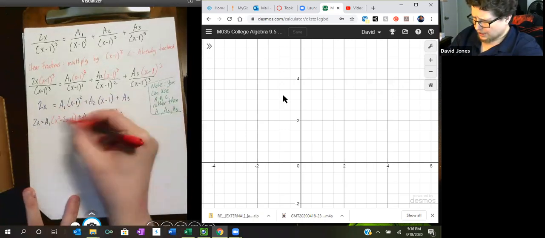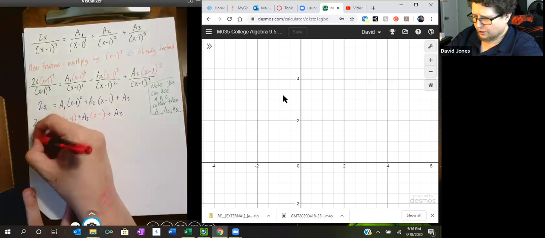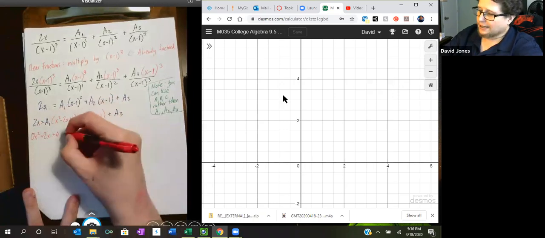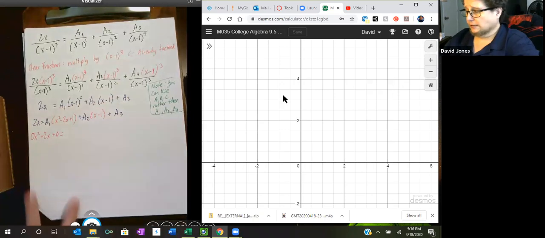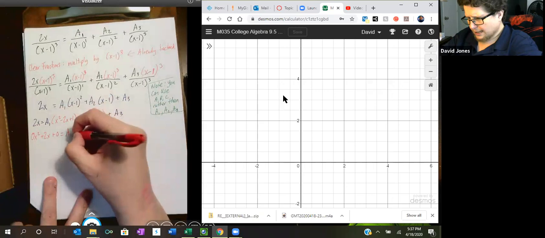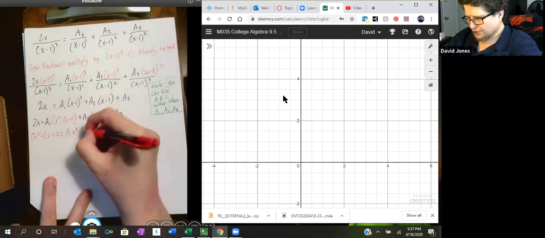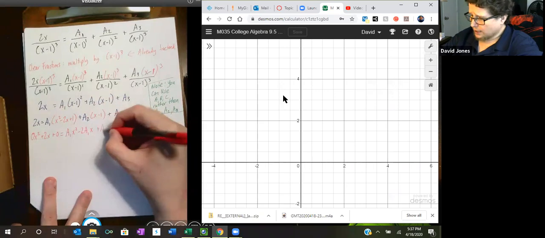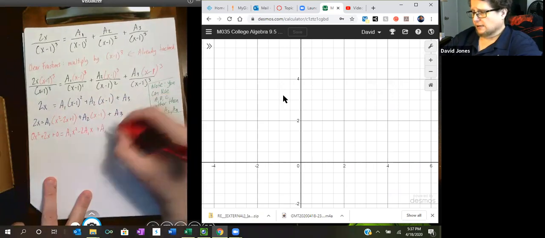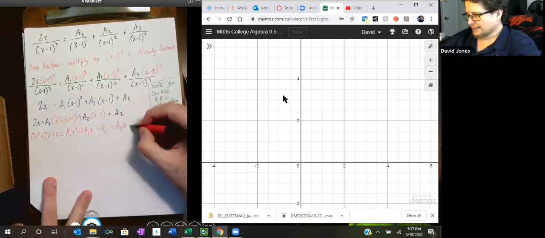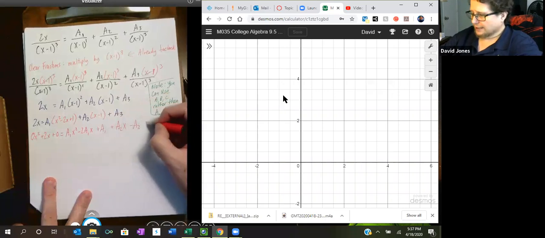And I've got x squared terms, so I'm going to say 0 x squared plus 2x plus 0 equals a1x squared minus 2a1x plus a1 plus a2x minus a2 plus a3.